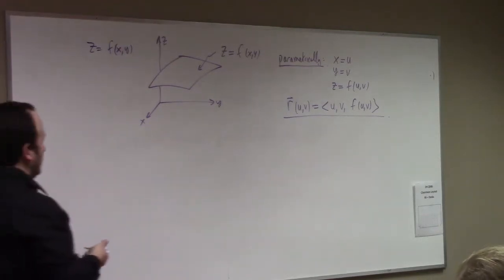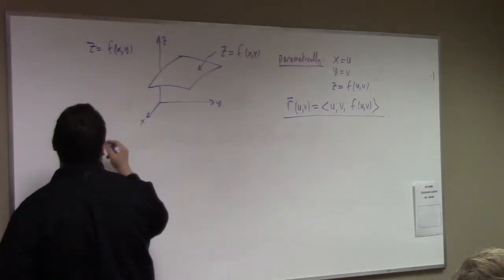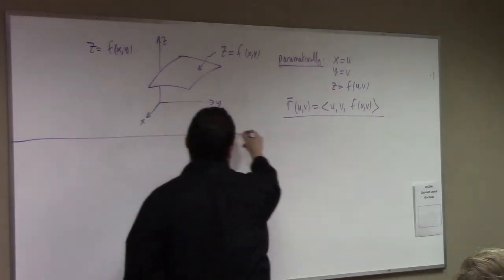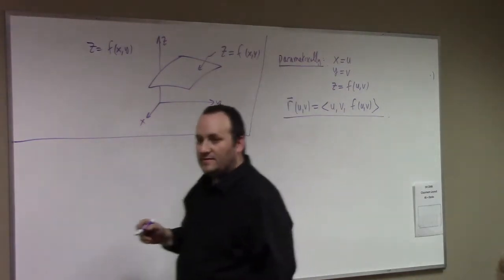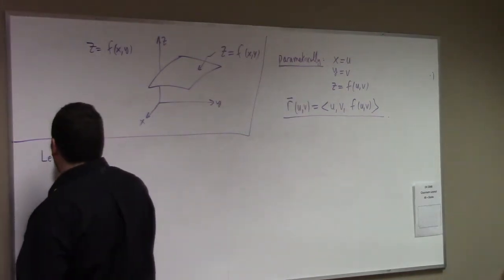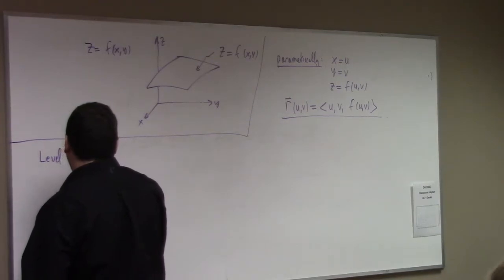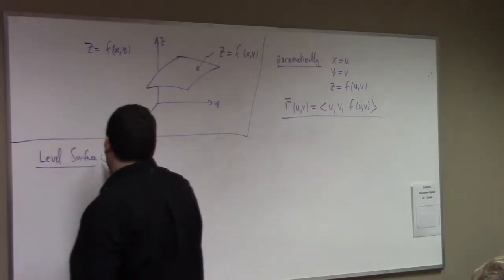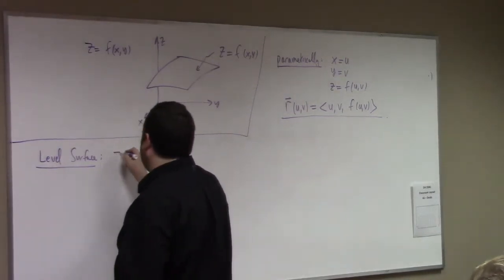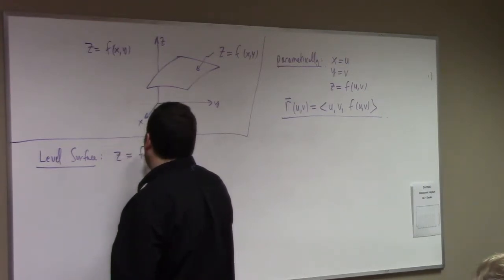Or, how about we can take this graph, right, and we can look at it as a level surface. How would we look at it as a level surface? How do we look at a graph as a level surface? Well, we've got z equals little f of x, y.